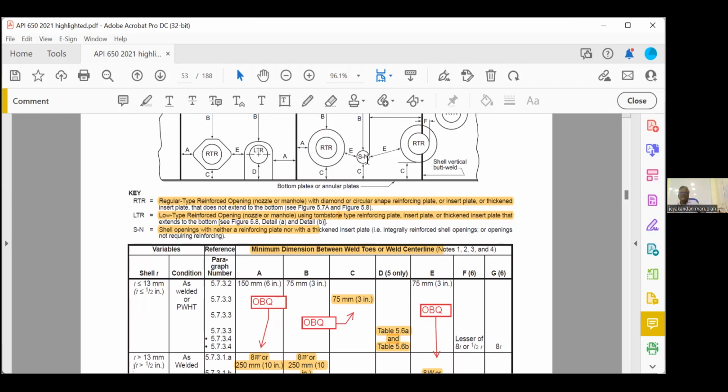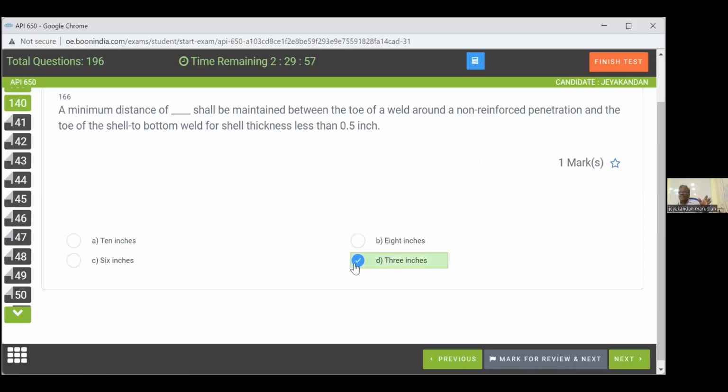You can see SN is the shell opening, neither reinforced nor thickened. So we have to refer to the C. The answer is 3 inch. Even though they are given in sentences and paragraphs, no need to refer to the paragraph. Just look at the drawing. Read the question; if you have a doubt, ask. If you understand the drawing, you can answer all questions.